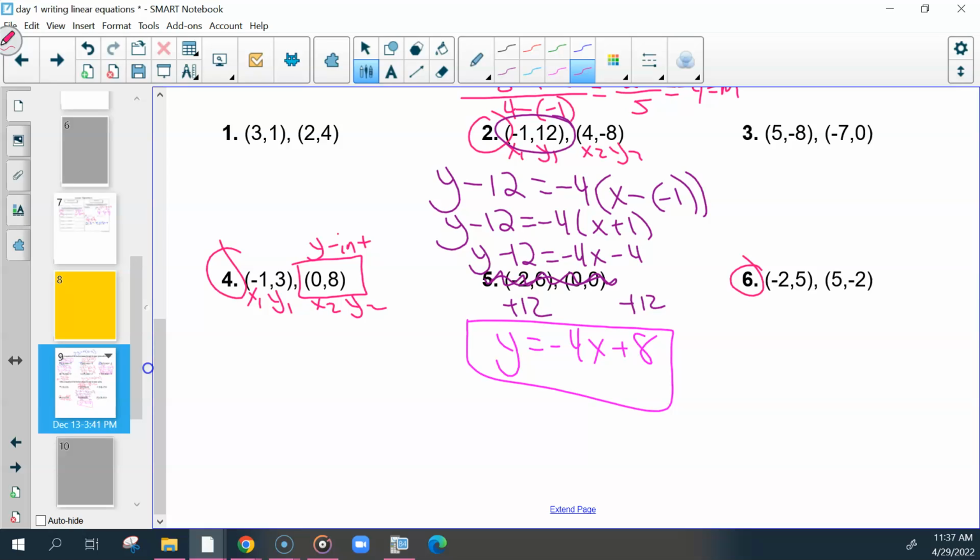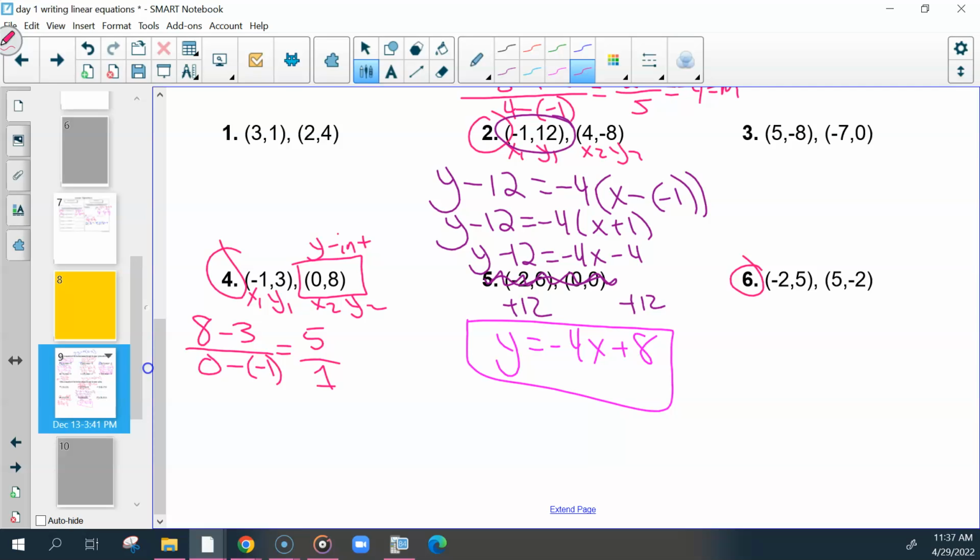So y2 would be 8, y1 would be 3, so minus 3, over x2 would be 0, minus x1 would be negative 1, so minus the negative. 8 minus 3 would give us 5, and 0 minus a negative 1 would be 0 plus 1, which is 1.